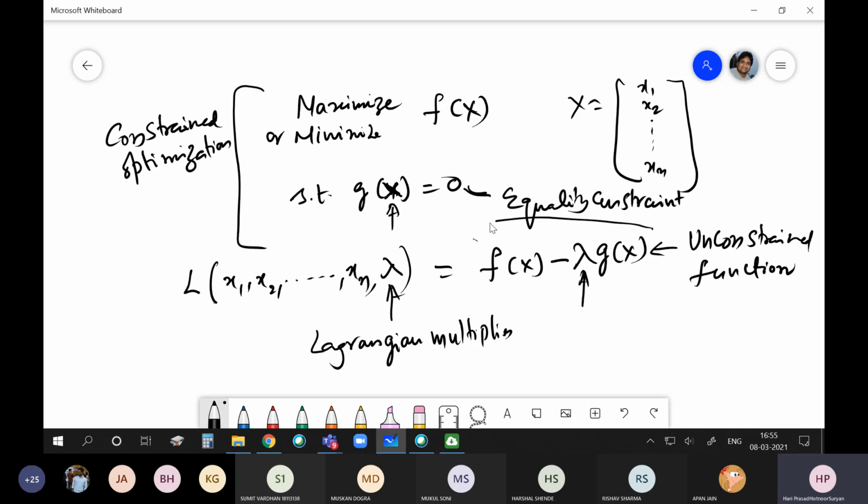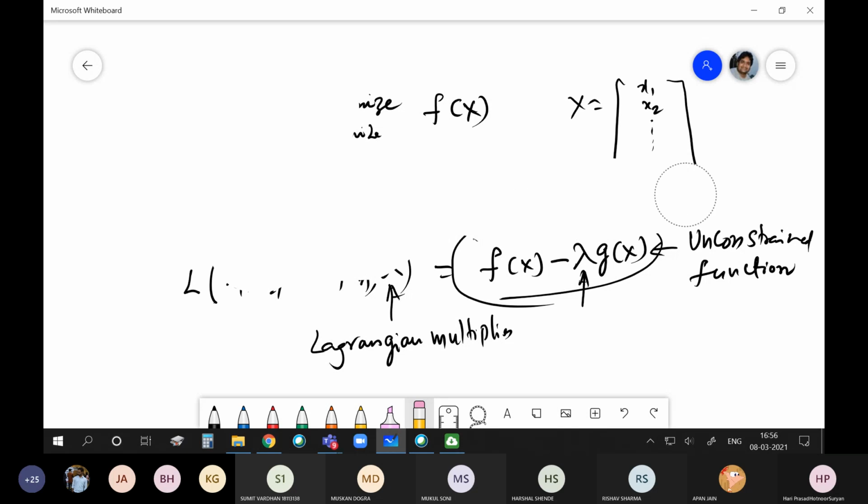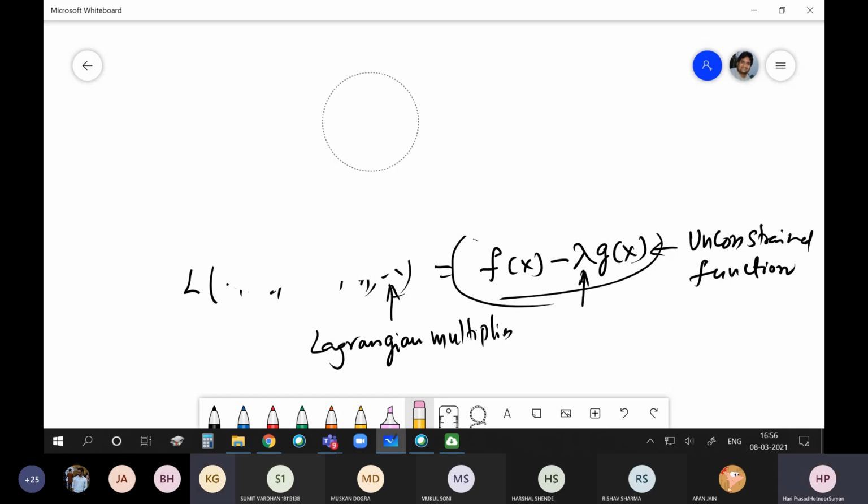If this is an unconstrained function, how do I get the minimum or maximum of this? What is the necessary condition now for L to be maxima or minima, like we have been doing before? Partial derivatives are 0.